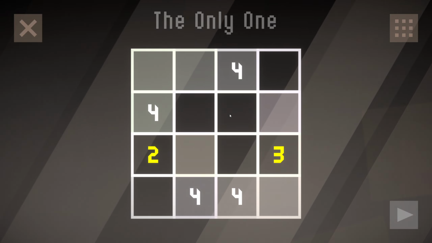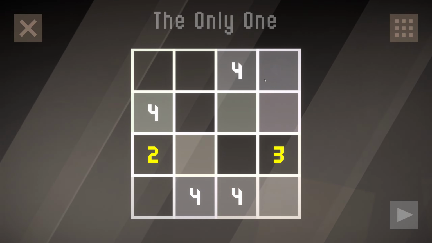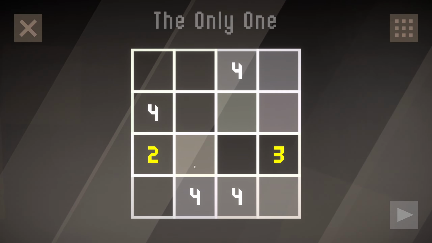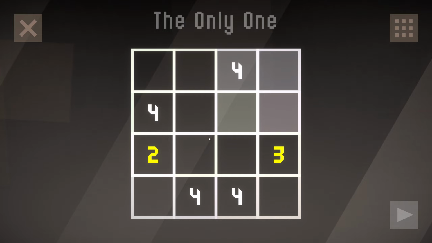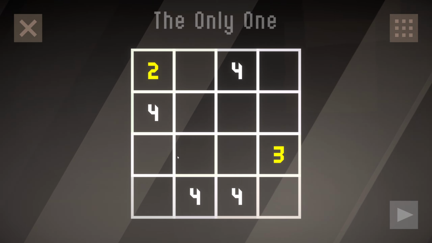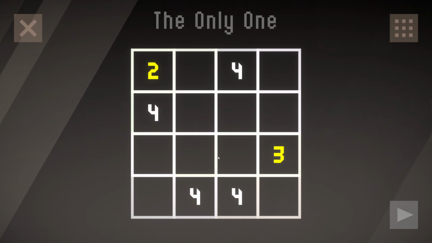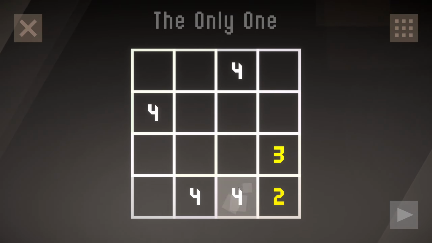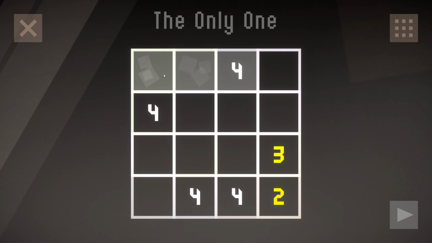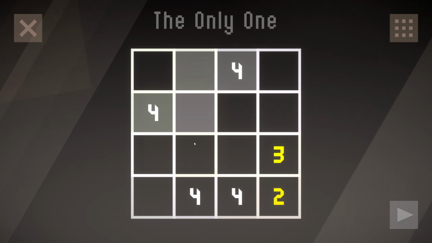Where can I cut off a corner to make a 3? It must be that way with the 4s, unless my logic is wrong, which it has been. But this 4 can either do that, that, that, or that. And those are the only options.